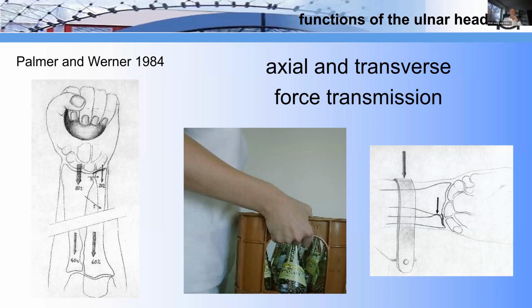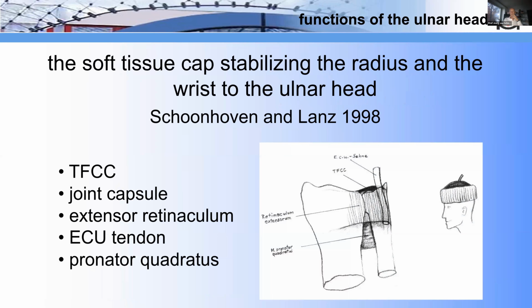But what we have in day-to-day living is a combination when we lift something up, where we have a load on the ulnar head in the axial as well as in the transverse direction. So if we sacrifice the ulnar head and the continuity of the distal ulna, we might run into that problem.